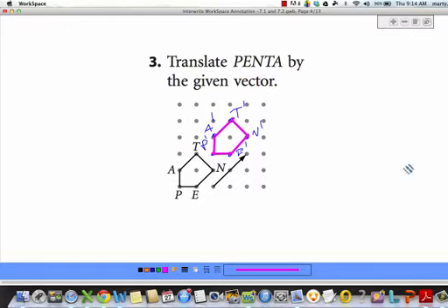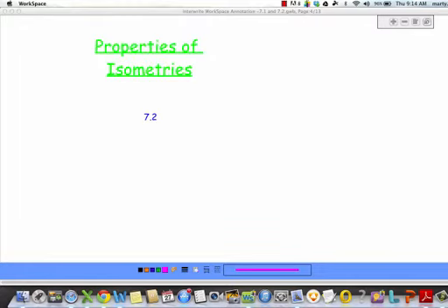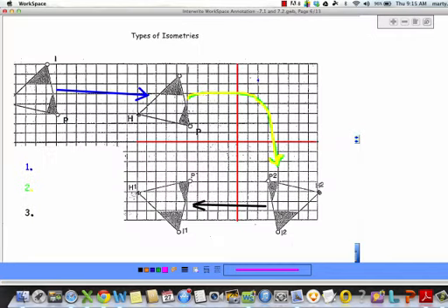Okay, so that, along with what you read in chapter 7.1, should take care of 7.1. Isometries, rigid transformations. We just saw 3 of them. Here's an example of all 3 again. Number 1 in the blue here is going to be a translation. That's the first type.